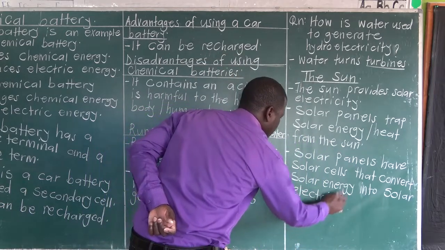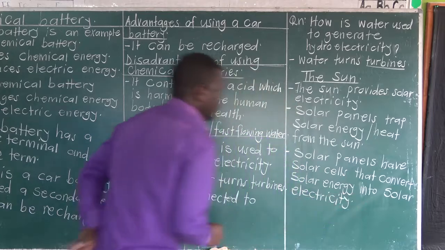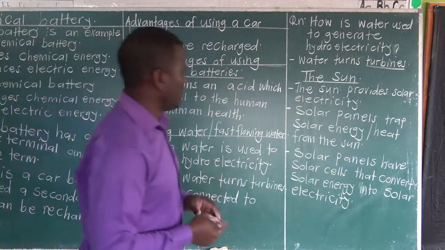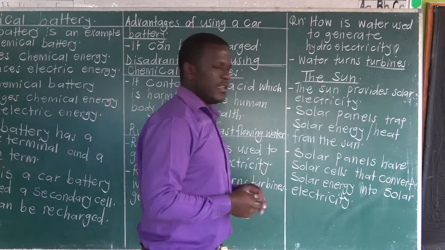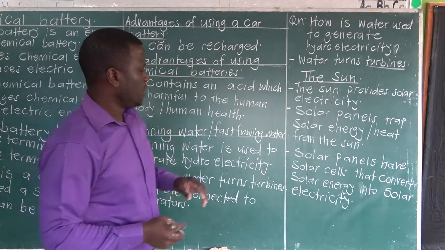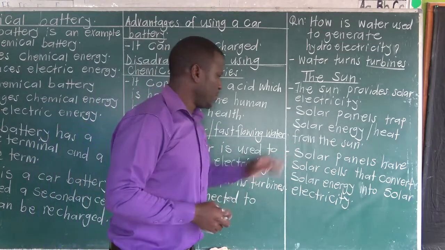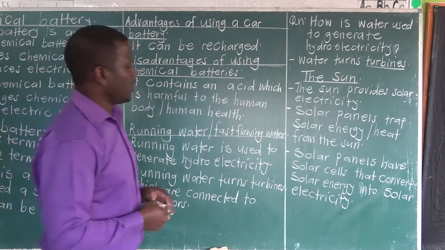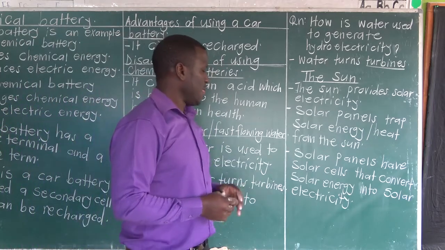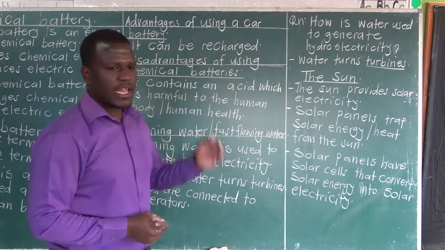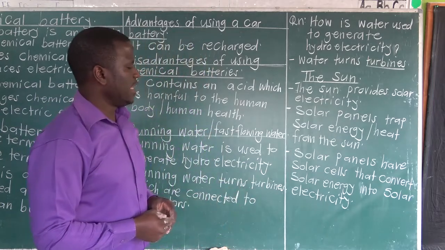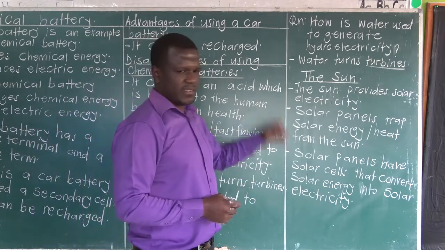So you find that on top of tall buildings, solar panels are erected there to be able to trap heat from the sun. The heat from the sun is what we are calling solar energy. This solar energy is converted into solar electricity by the solar cells.